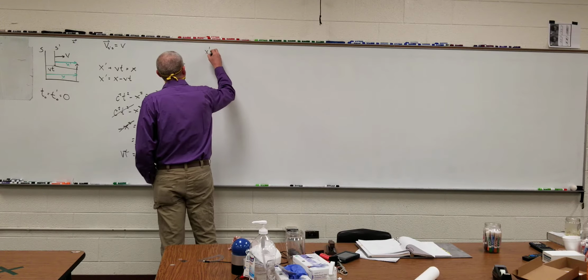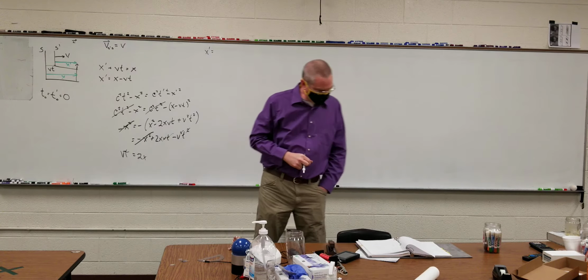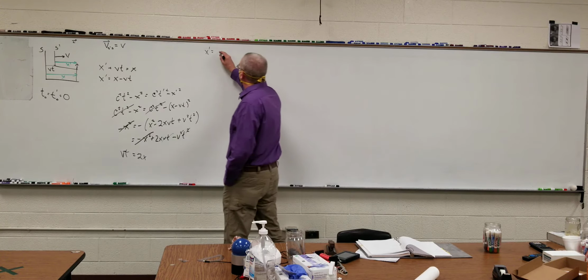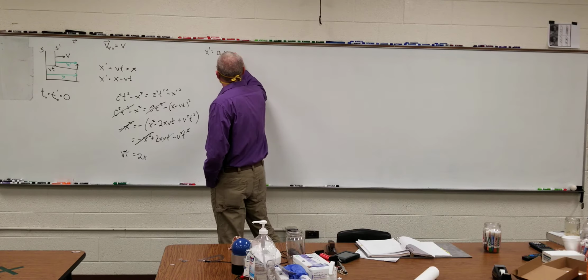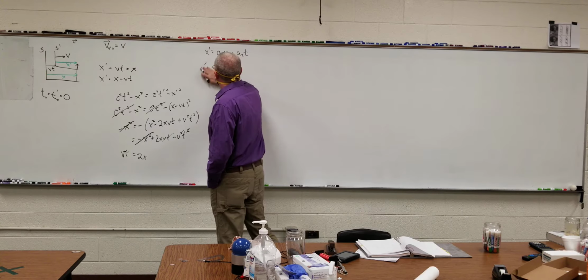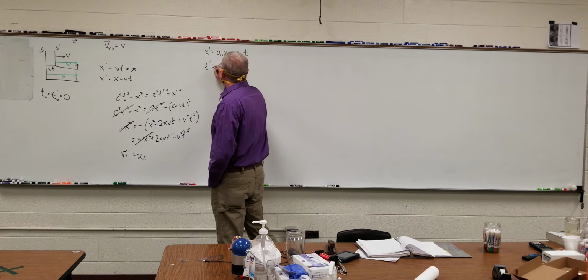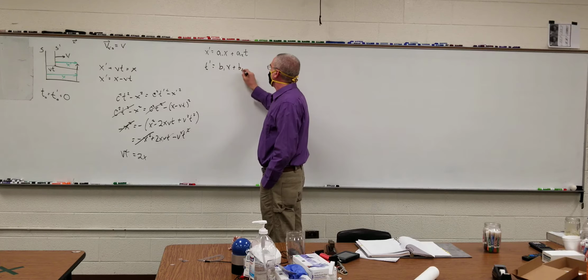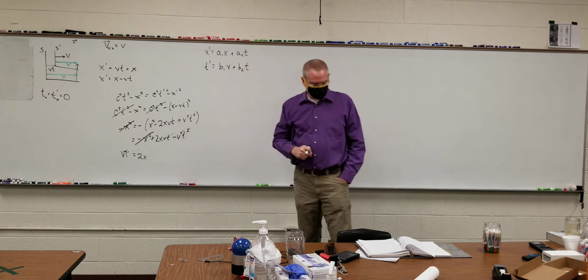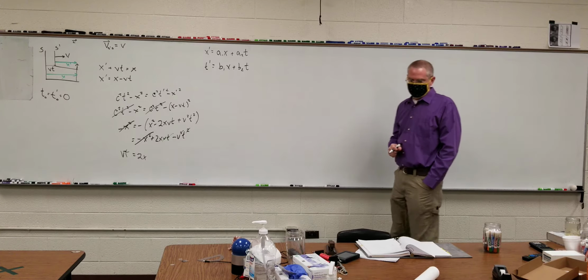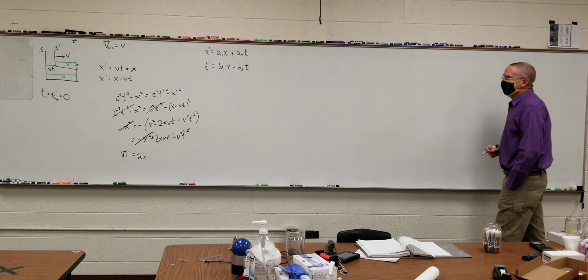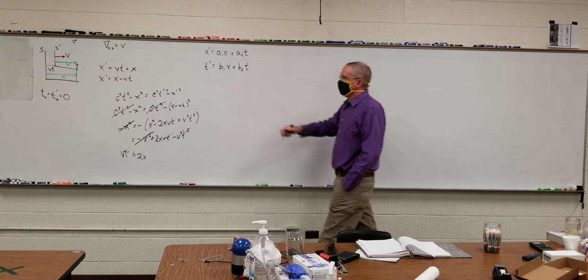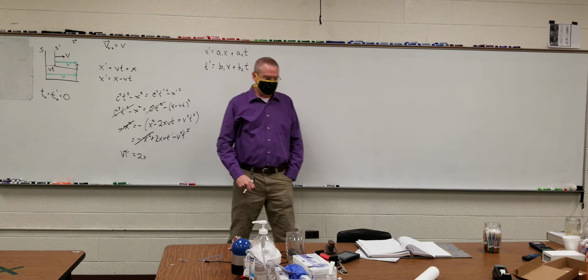So I'm going to say x prime is equal to some constant times x plus some other constant times t. And t prime is equal to a different constant times x plus a different constant times t. We are still going to synchronize it so that the initial times are still the same.